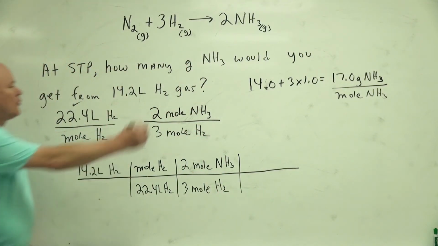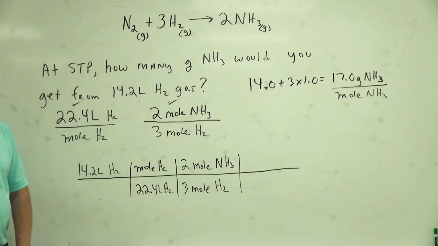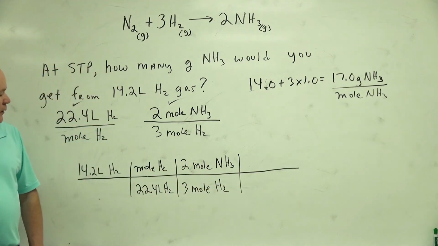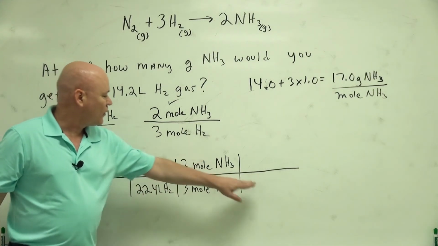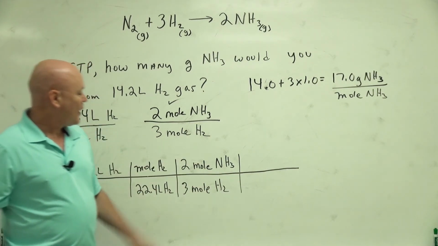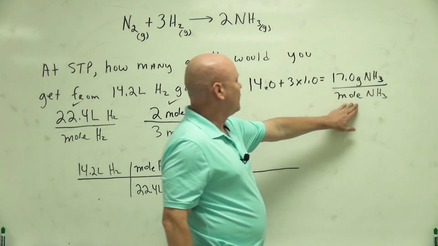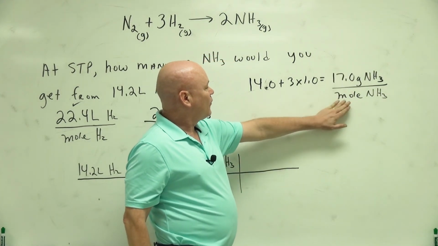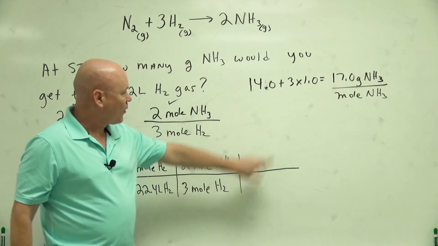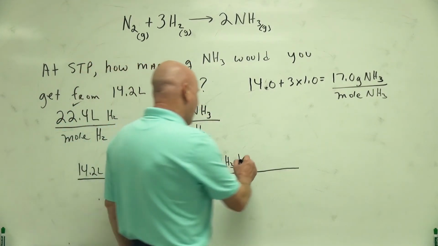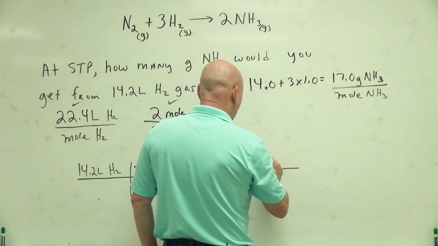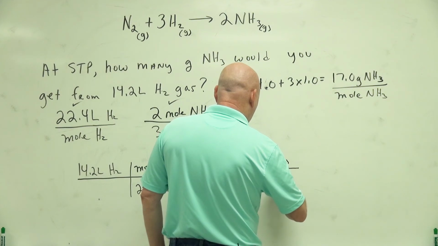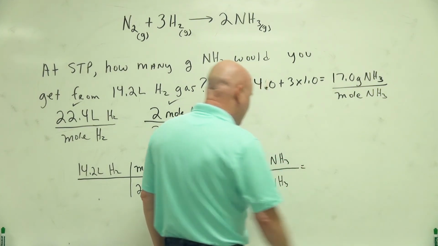I'm going to put a check mark over this one. Now I need 2 moles NH3 here, because I need to cancel this unit. The only thing left that has moles NH3 is the molar mass of ammonia. Moles NH3 is already on the bottom, so I'm going to use that molar mass as it is, 17.0 grams ammonia for every mole ammonia.